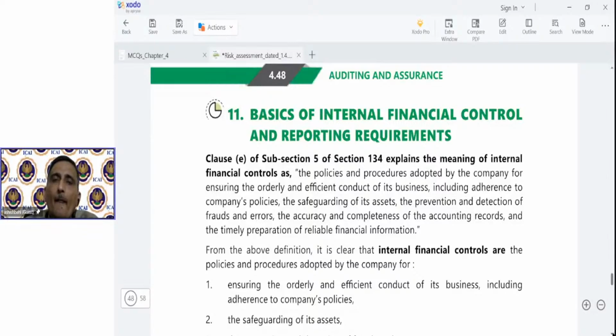Number one, the internal auditor has to be a professional. Chartered accountant and cost accountant are specified persons provided in the Companies Act 2013 for being appointed as internal auditor of a company, and besides that, any other professional whom the board thinks is competent and proper to do so.